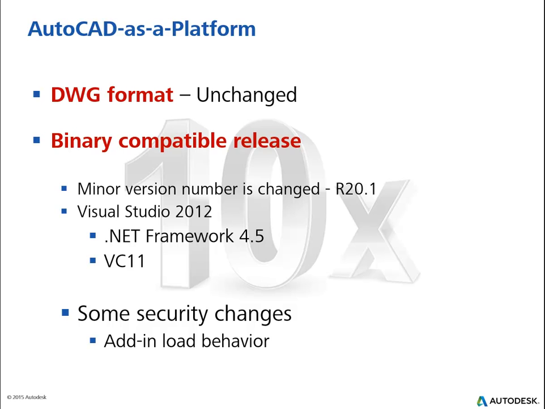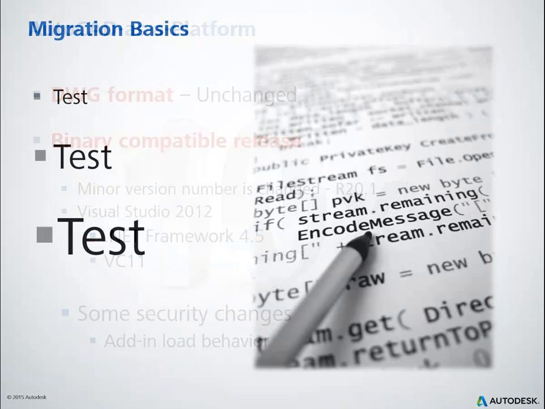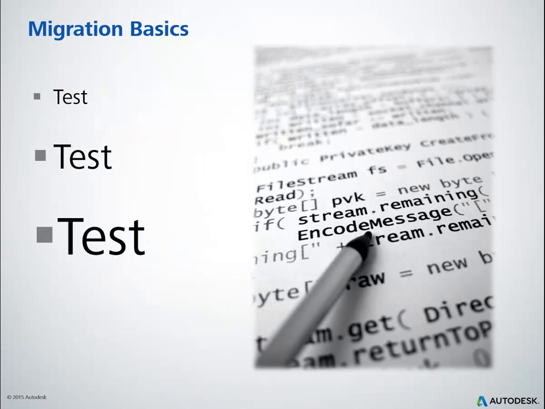And we have some real changes on the security side, basically on how the applications are loaded inside AutoCAD. Even with the binary compatibility being maintained, it's really recommended to test your code. So again, test your code to make sure it's working with everything we have in this new release.